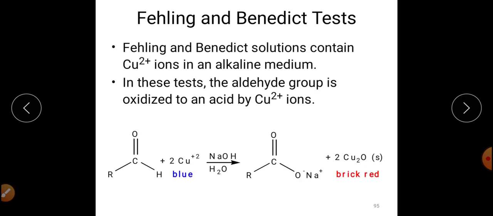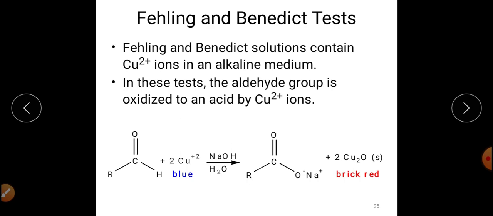Now come to the second oxidation reaction of the aldehyde, that is the reaction with Fehling solution and Benedict solution. First we will discuss Fehling solution.